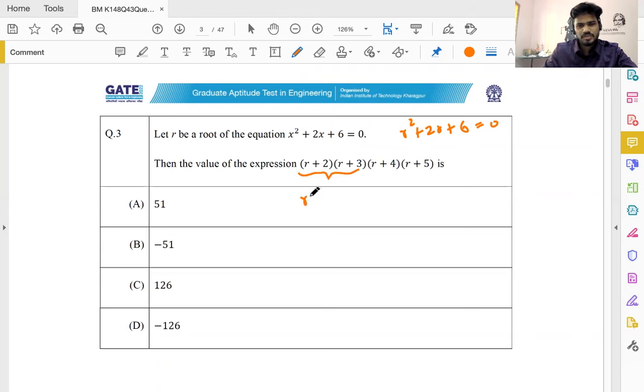This, I suppose, is R square plus 5R plus 6, and this is R square plus 9R plus 20. Notice this term is 0 here. So what we are left with is 3R, and 7R plus 14.